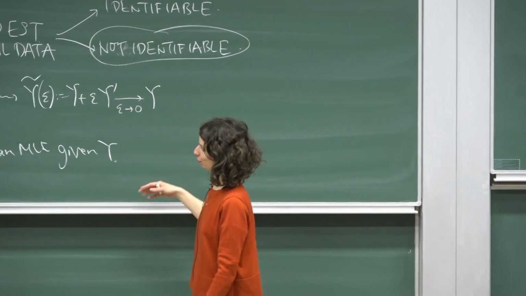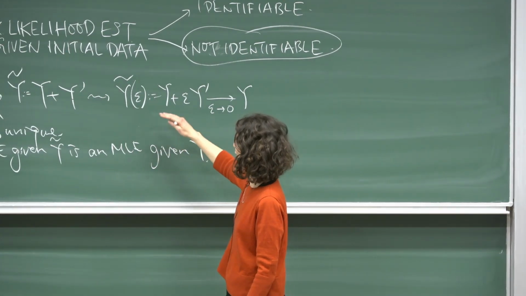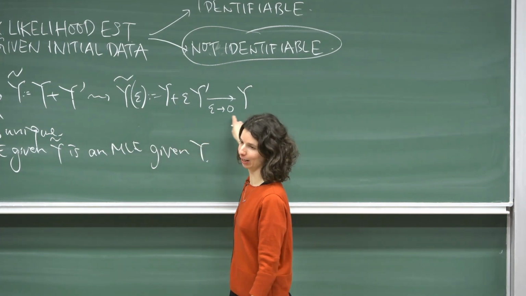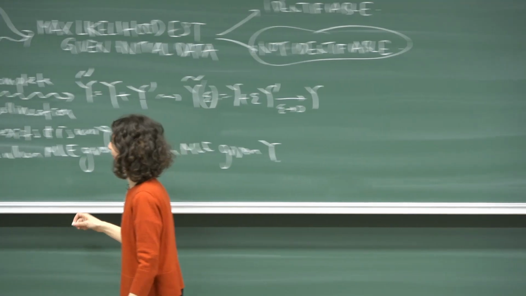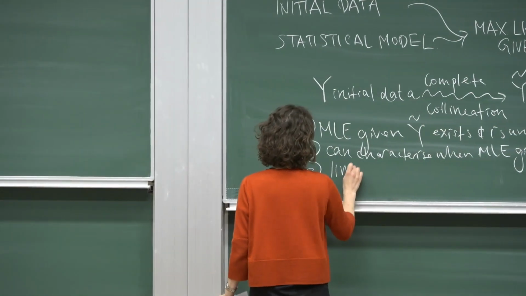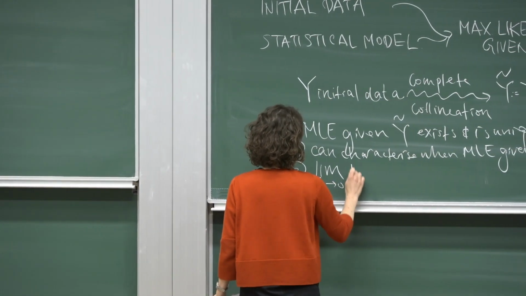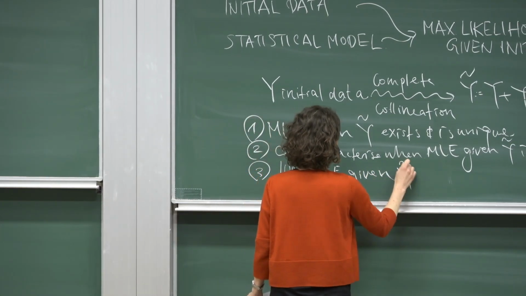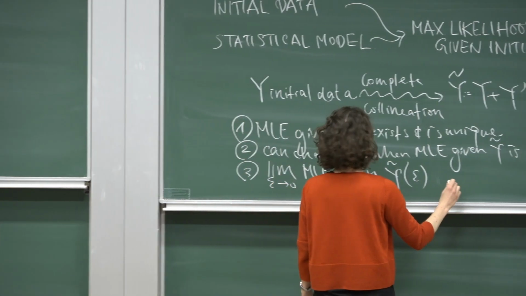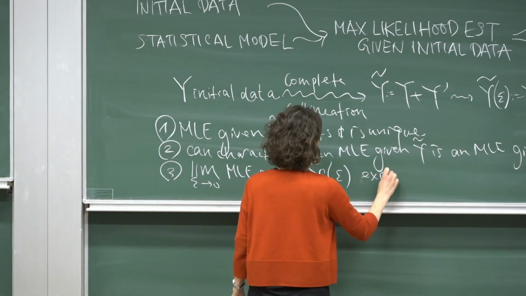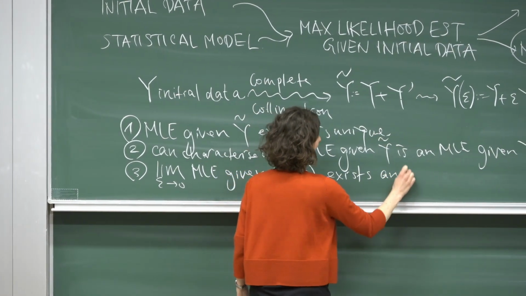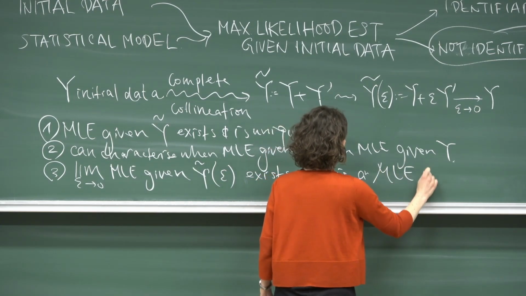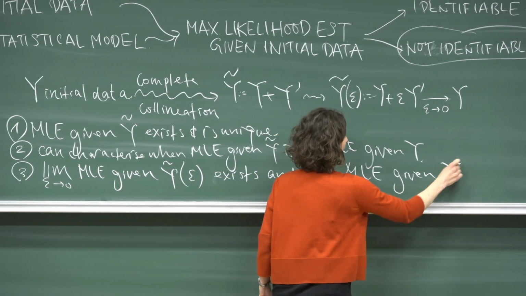So the main result really is proving that the limit of the MLE given y tilde of epsilon exists as epsilon tends to 0, and is an MLE given y.